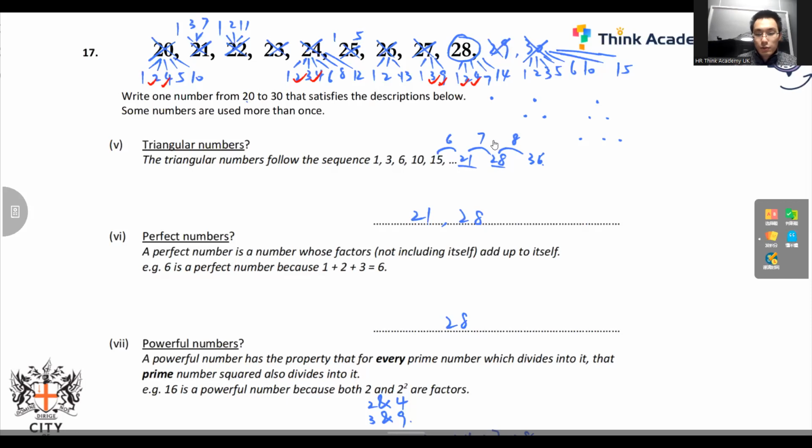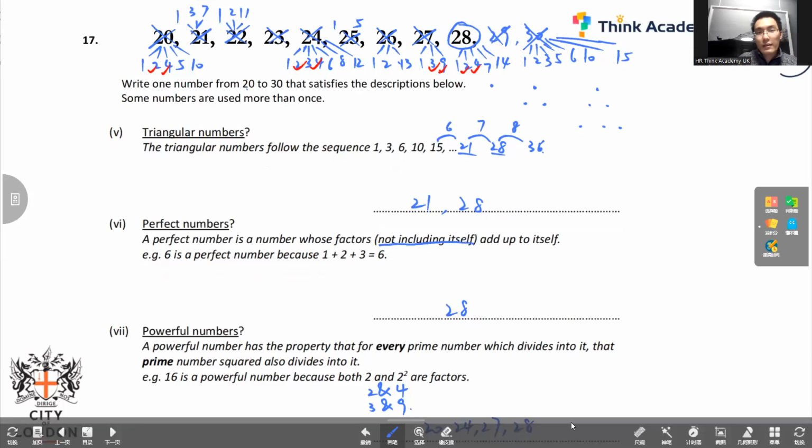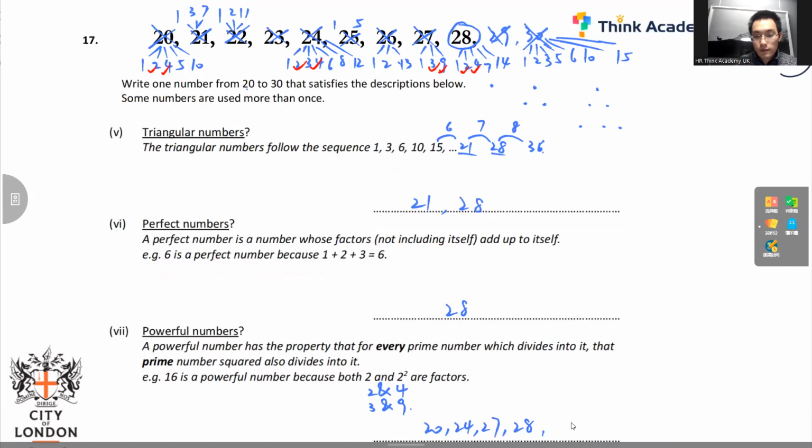For this one, I just need to make a little change to the powerful numbers, because we are not including the number itself for powerful numbers. So of course we can include 25 in it, because 5 and 25 can be included.